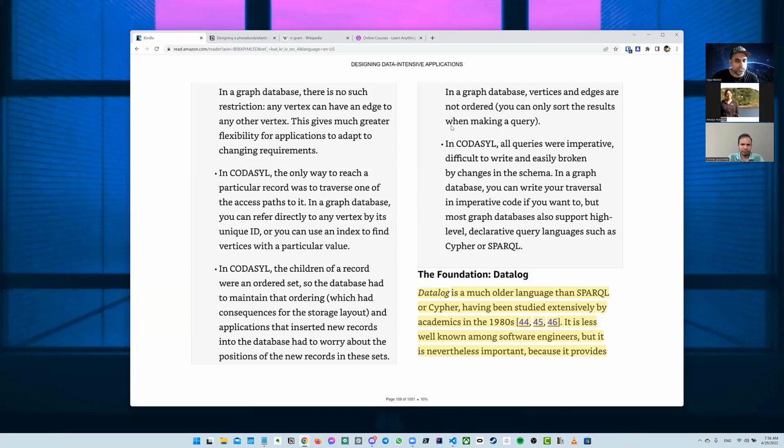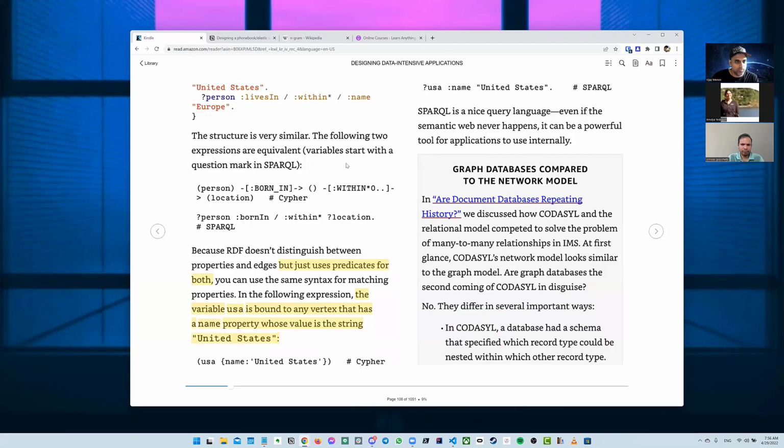These are the main points to keep in mind when thinking about graphs versus the old way of doing things. Queries were imperative in CODASYL and difficult to write, but in a graph, you can write your traversal in a more declarative way, right? As we've seen in some of these queries so far.